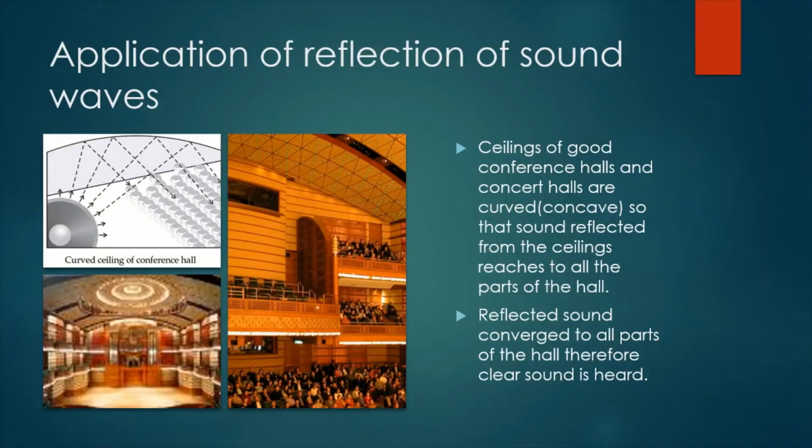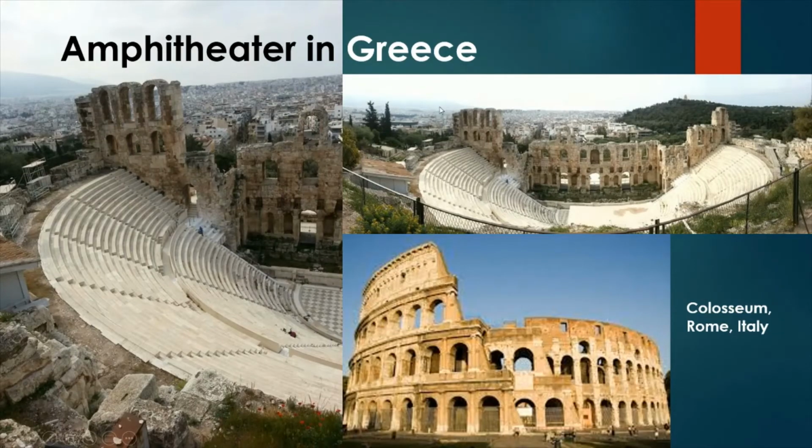All right. Now, in the ancient time, when there was still no electricity, there was no loudspeaker, there was no Wi-Fi, no hi-fi, so they built their theatre in a circular shape, either half circle or full circle. Like the famous Colosseum in Rome, Italy.